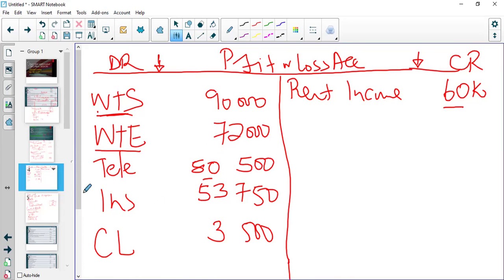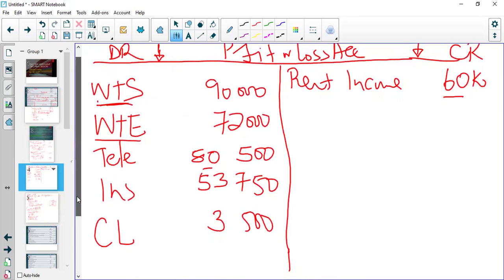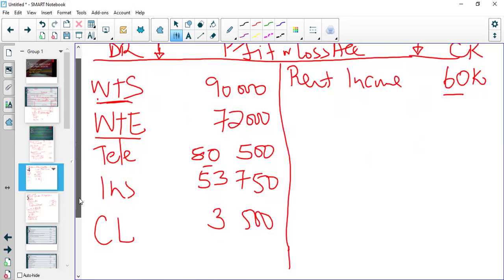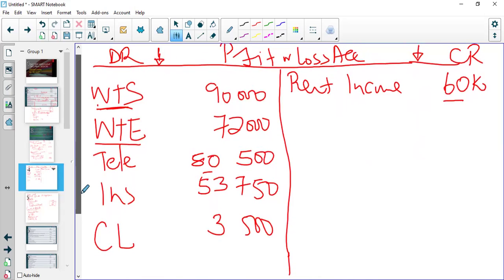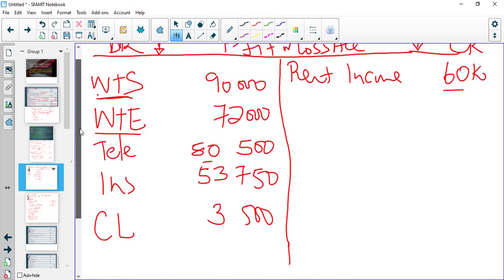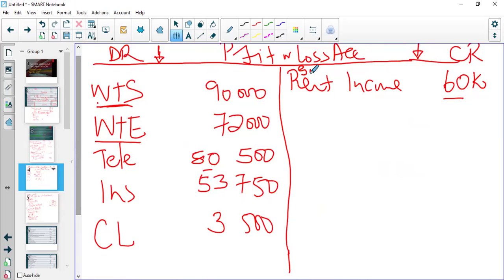Depending on what the question wants, that's what we have. If we're going to close this, it's going to be closed off to the capital account. So the end balancing figure here: remember, in this case we don't have gross profit. Normally, your profit and loss will also have gross profit here. If there was a gross profit, it would be here.